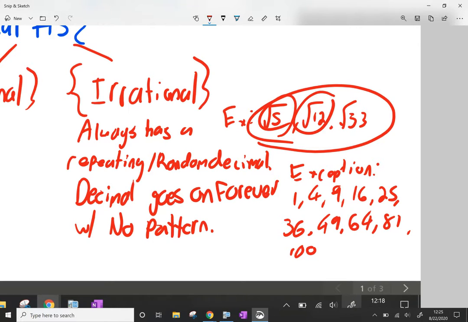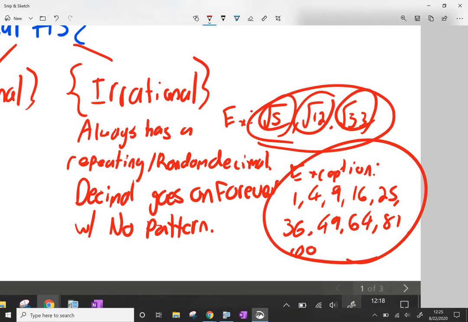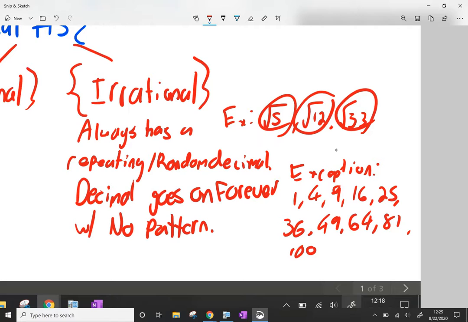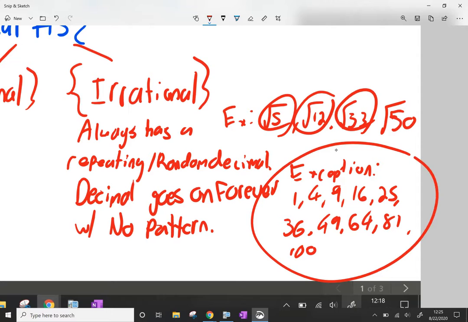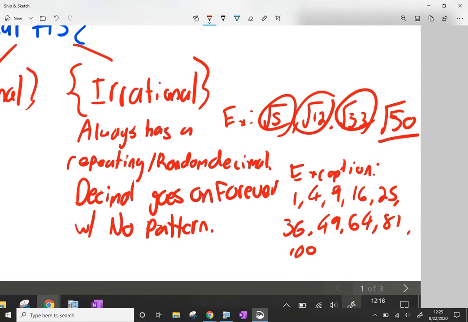Square root of 12. Again, 12 is not on this list, so it's going to be irrational. 33, it's not on this list, so it's going to be irrational. So if I try to say the square root of 50, again, it's not on this list, so that's going to be irrational.